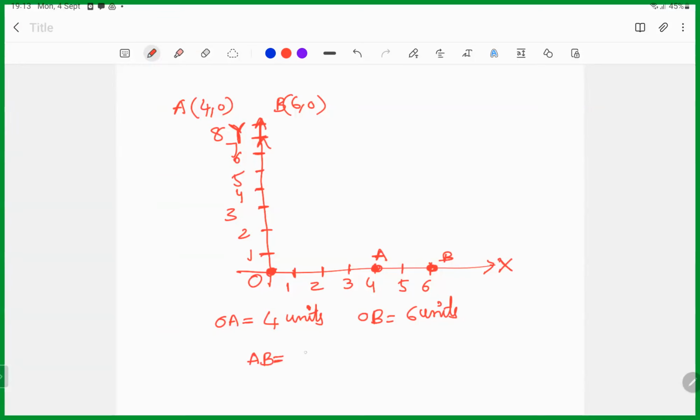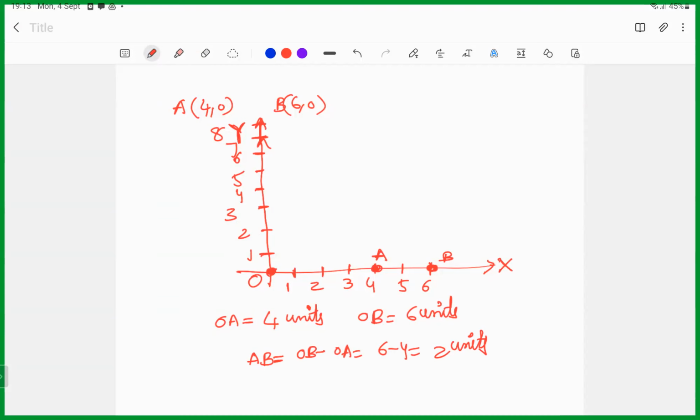That is nothing but OB minus OA. 6 minus 4 equal to 2 units. That is the distance between the points A and B, which is AB. So if 2 points lie on an axis, we can easily find the distance between them. How? Just subtracting those values.